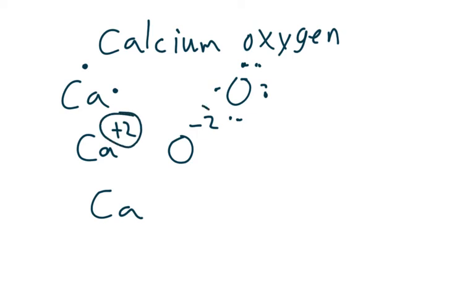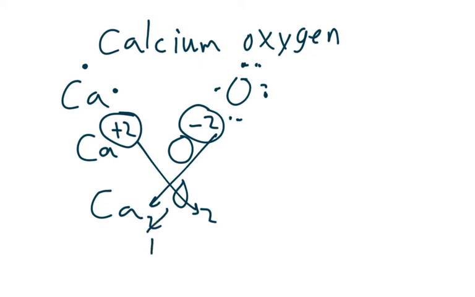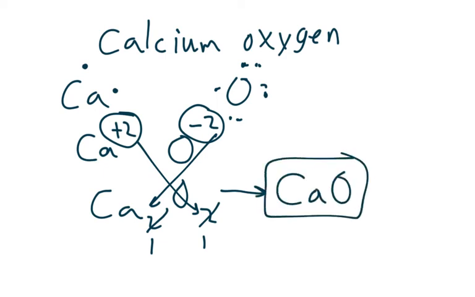Whenever these two are the same numbers, after you crisscross it, you are going to reduce this to lowest terms. So when you reduce, this becomes a 1-to-1 ratio, and you want to write it in the lowest terms. This means that for every 1 calcium, you need 1 oxygen.